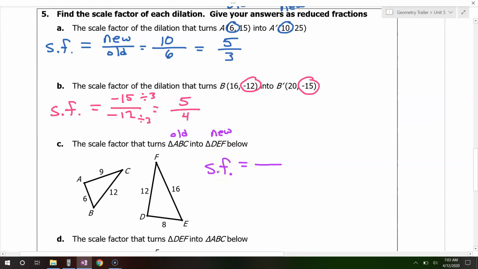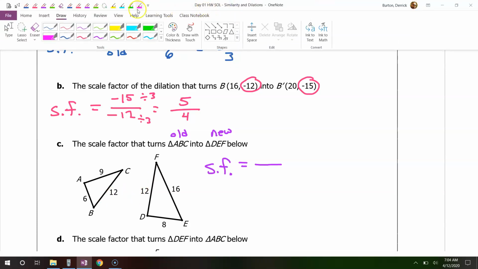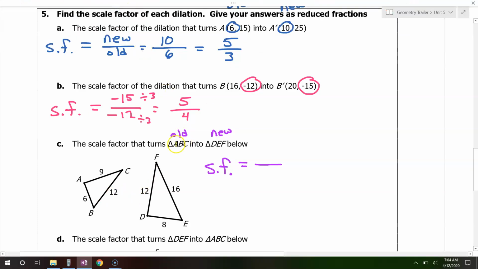Now you have to be a little bit careful. You have to make sure you're doing corresponding sides. So for example, pay attention to the fact that AB corresponds to DE because of the order of the letters, right? They have to be in the same position.